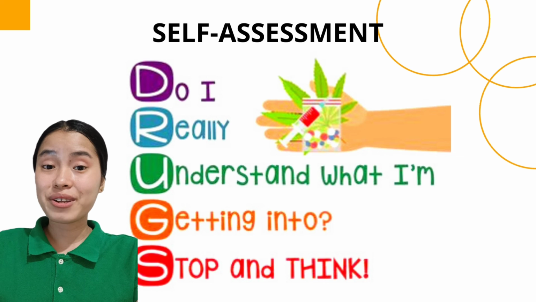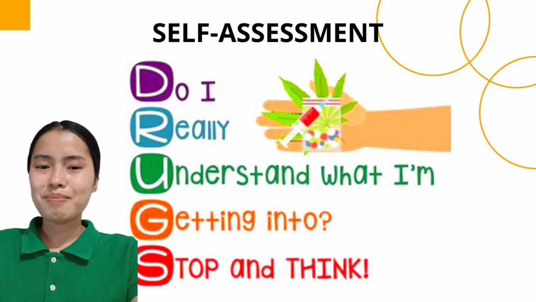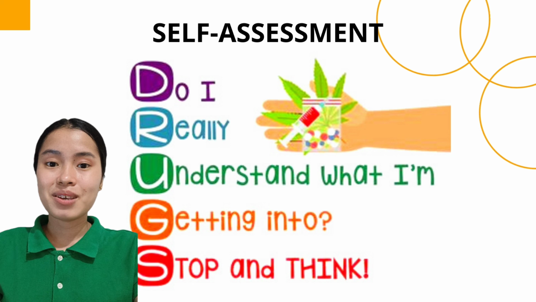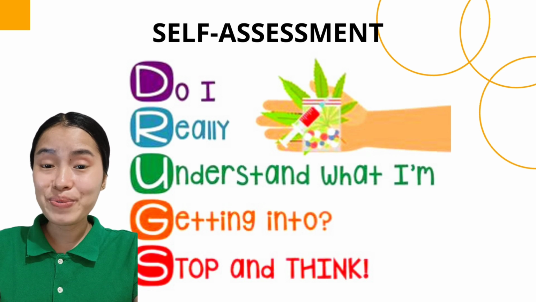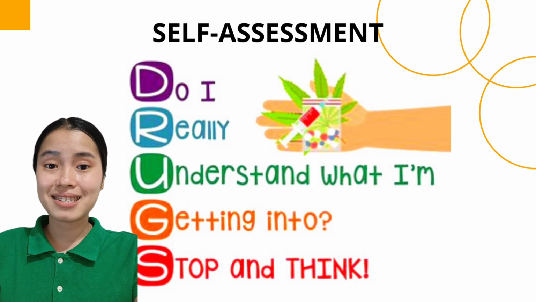We have different battles every day, but engaging in prohibited drugs might make us regret it later on. So stop, and think, learn to say no, and engage ourselves in a more positive environment.